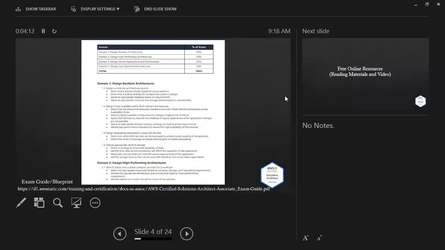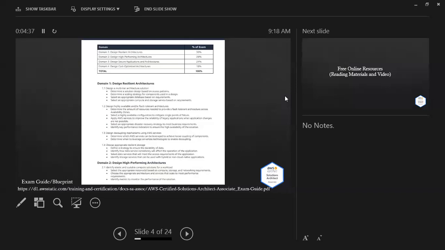And you can see these are the blocks in the exam that constitute the overall percentage of the exam, and they have an order of priority. It doesn't mean that you have to focus on one more than the other, because it's a mix of questions. You don't know which one to actually dive into, but it has been segregated there so that you can see the priority and the percentage attached to it.